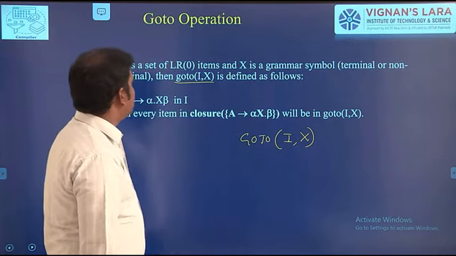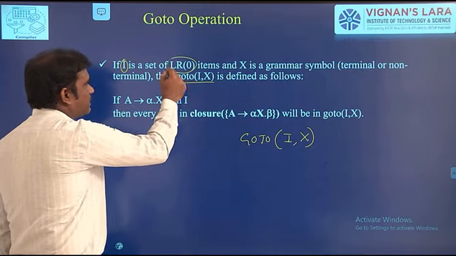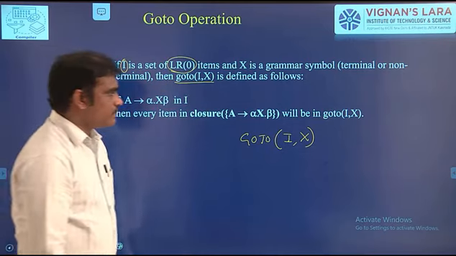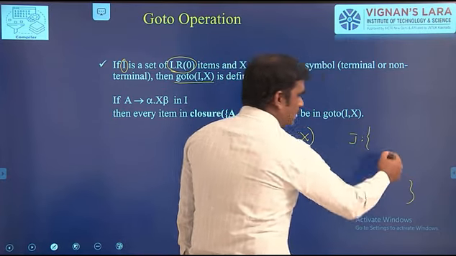I means a set of LR(0) items. Suppose I contains some production rules.